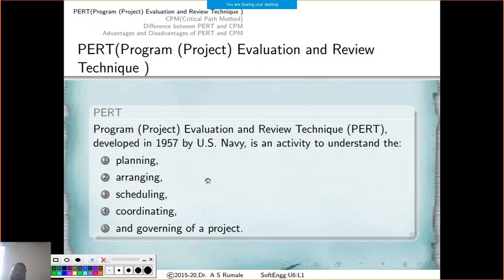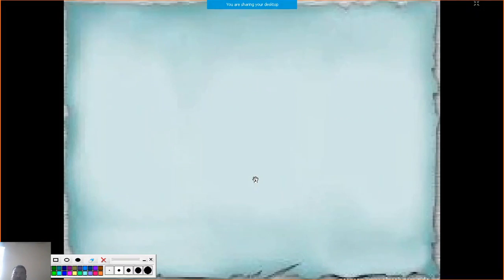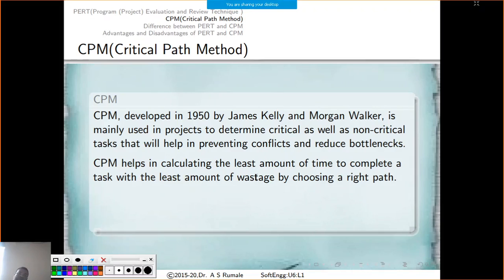So PERT is actually designed for unpredictability, and it considers three aspects of time: original, that is optimal, average, and worst case. Okay, the hedging activity is something added by me, an advancement in the PERT technique. Then you have the CPM.